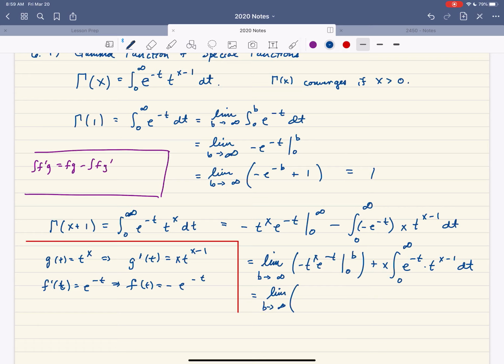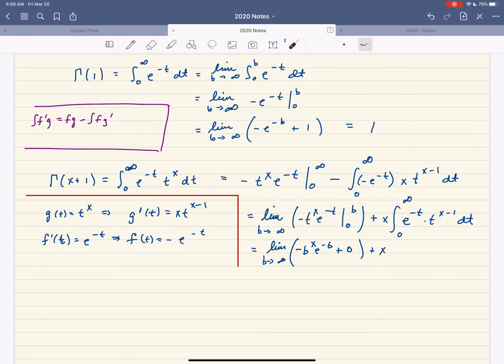And so the first bit is going to be this limit as b goes to infinity. If I plug in b, you're going to get negative b to the x, e to the negative b. And if you plug in t equals 0, you'll get 0. And it turns out for any fixed value of x, this first part is also going to be 0. So this is going to go to 0, and this is already equal to 0.